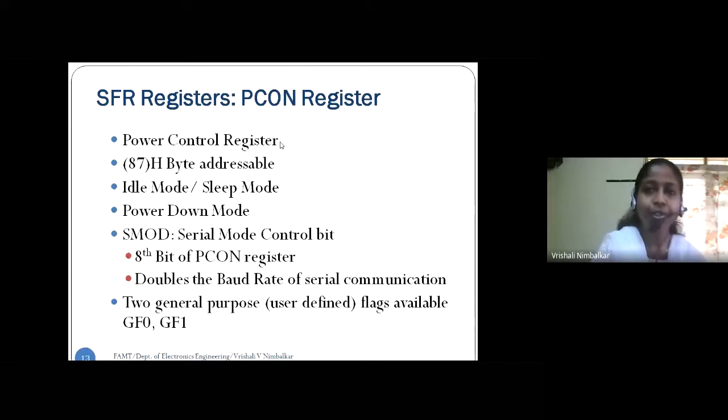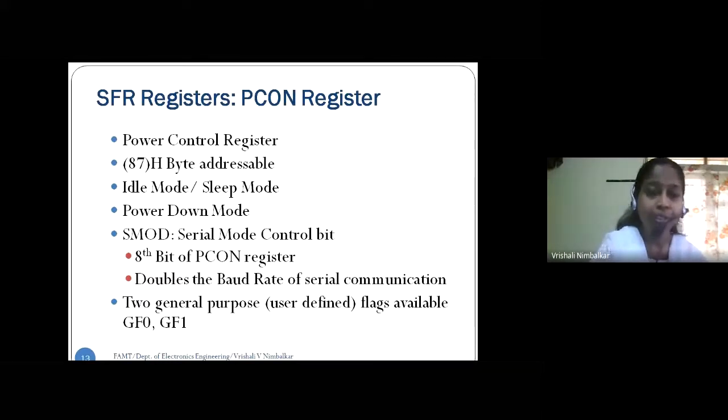It is used to reduce the power dissipation. Now what happens because of that? Lesser the power dissipation, more is the battery life. And the majority of embedded systems are battery operated. So lesser the power dissipation, the battery life will be more. Correct? It is byte addressable and the address is 87 hex.